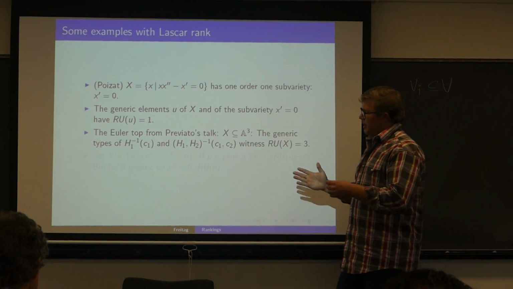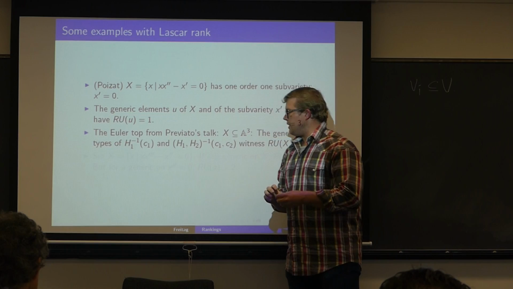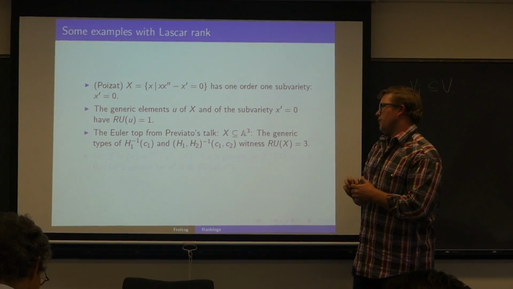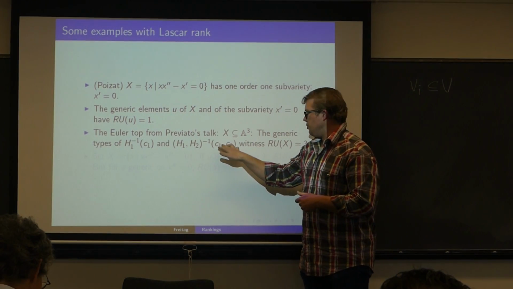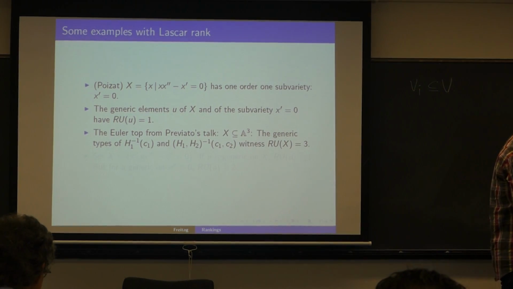Because what you're really doing here is restricting that generic type to some smaller subvariety each time. Because you can do this with any constants, you can do it with constants that weren't in K, and that's exactly what my definition required. Okay?